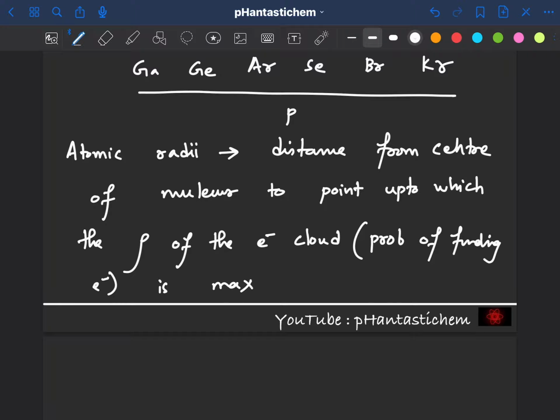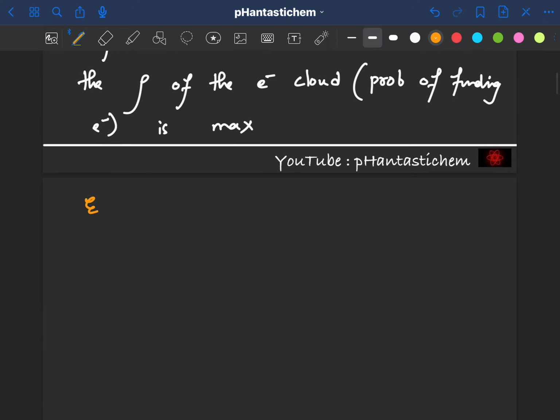And depending upon whether the element is a non-metal or a metal, we have three different kinds of atomic radii.